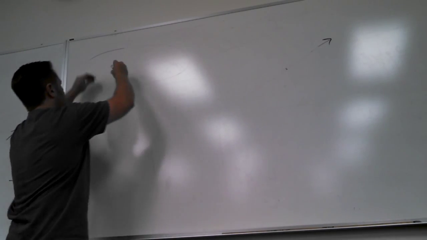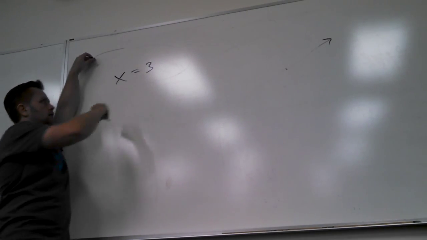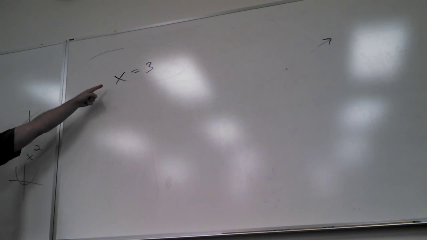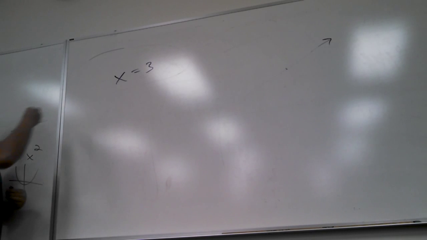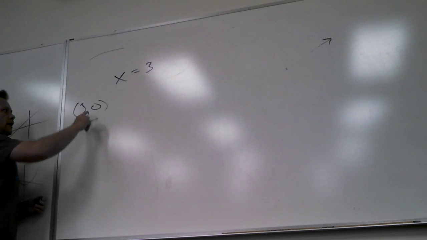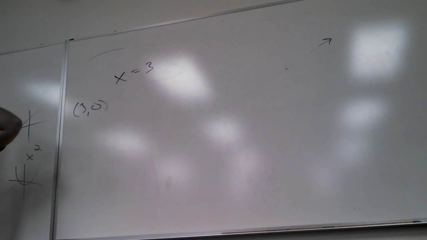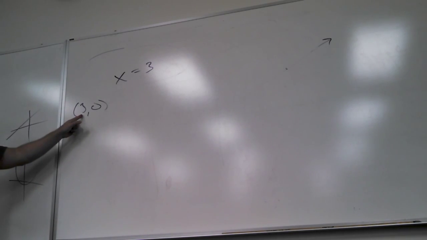So what if I said graph this? It's more than a point. There are how many points that follow what this says? One example is 3, 0. Cool. Why does that follow what that says? Because the x piece is 3.